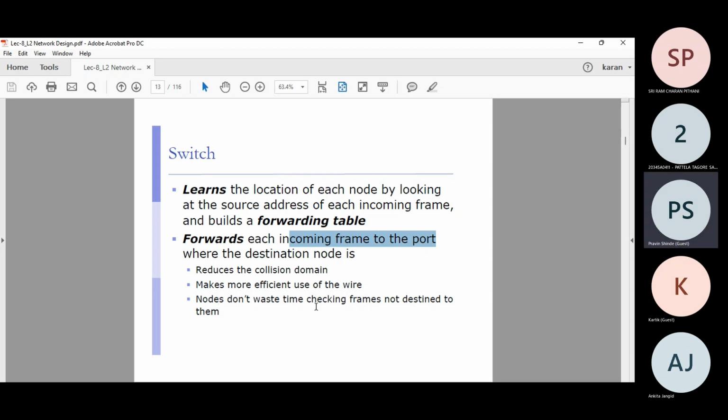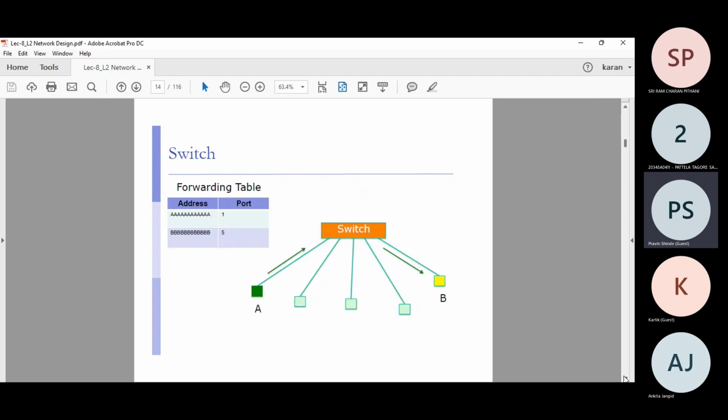Nodes don't waste time checking frames not destined to them. These are the benefits of a switch. This is the main role of a switch: forward each incoming frame to the port where the destination node is.